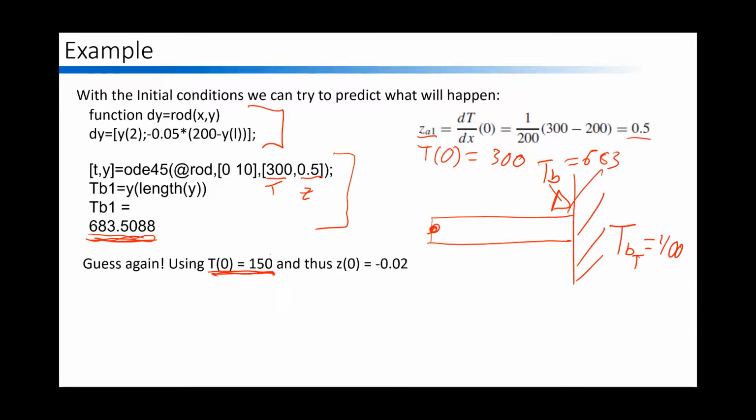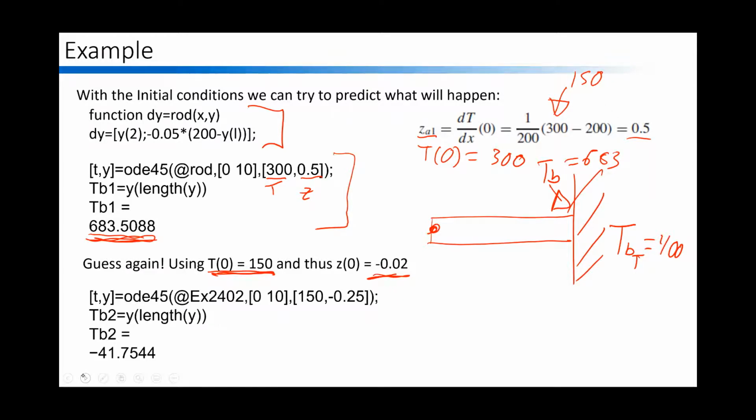I can plug 150 into this top equation. This would give me a z0 of negative 0.2. I can rerun that ODE projection, and this would give me a TB of negative 41.